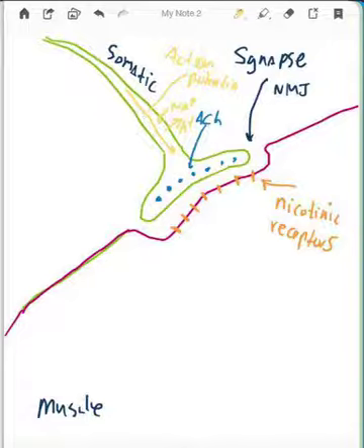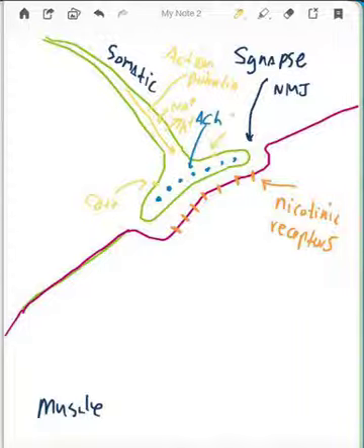And then right here, once that impulse gets here, I have little channels in this area, and the impulse causes conformational changes, and these calcium channels open up, and calcium rushes into the cell.